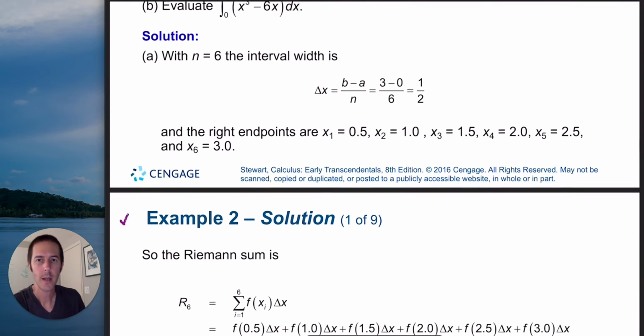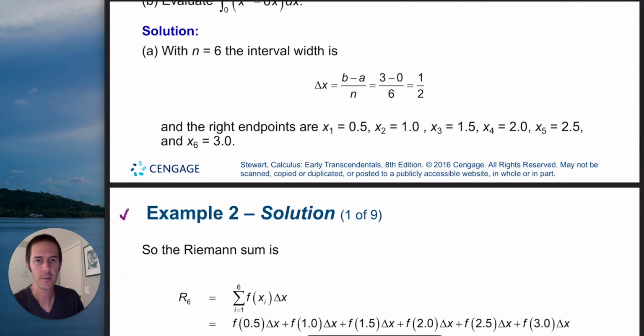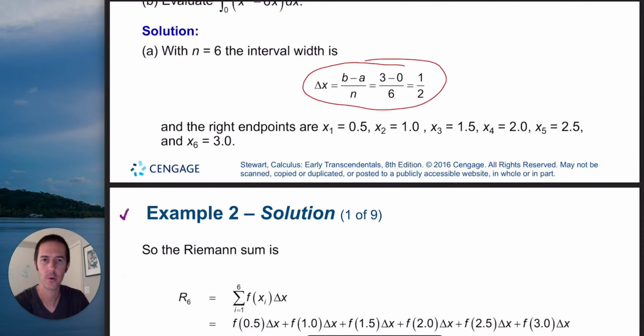So for part A, with n equaling 6, we can find delta x by doing b minus a divided by n. That's 3 minus 0 over 6, which reduces to a half. Therefore, the right endpoints are, and I'll point out that x sub 0, which we're not using, that would be a left endpoint, is equal to 0, because that's our a value, right?